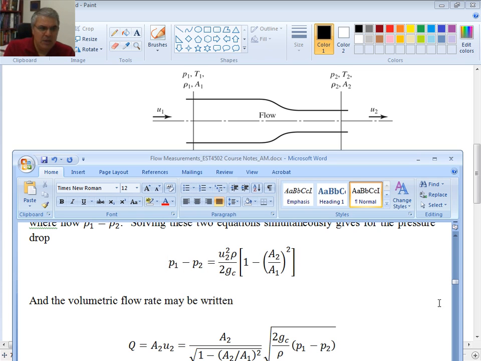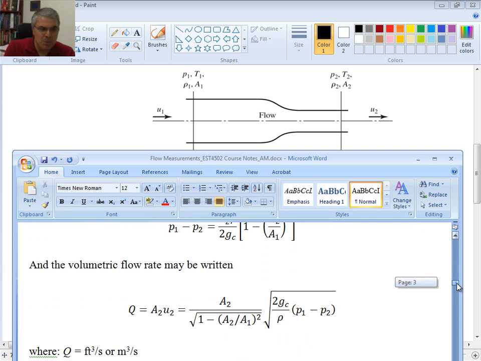Then we can do another manipulation of this equation. As you remember, we talked about the flow. If the volumetric flow is shown as Q, the volumetric flow at cross section 2 equals A sub 2 U sub 2. We've seen this equation already. It's going to be A sub 2 divided by the square root of 1 minus parentheses A2 over A1.